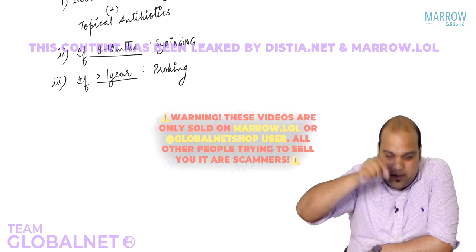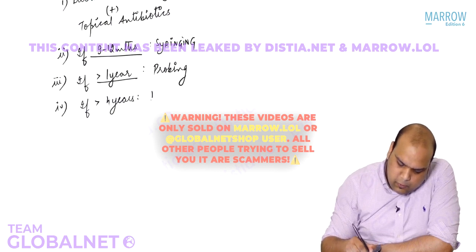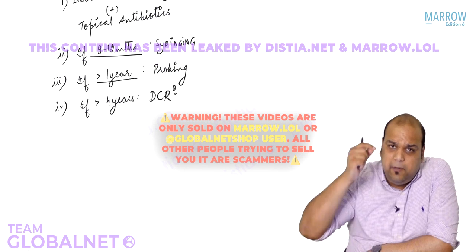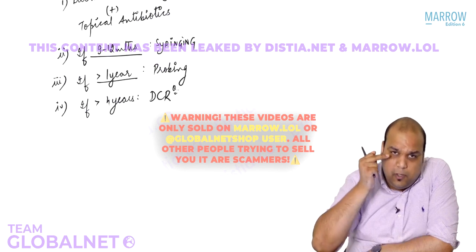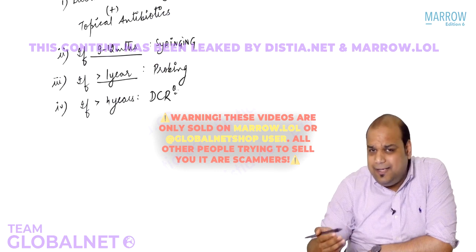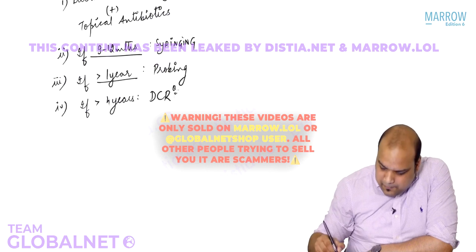You are just opening the obstruction, yes? And lastly, everybody, if greater than 4 years, then you do DCR. Dacryocystorhinostomy, as already explained, we break the lacrimal bone to form a contact straight away between the lacrimal sac and the middle meatus of the nose for the drainage of the tears. Done, everybody? So this is a graded treatment based on the age.